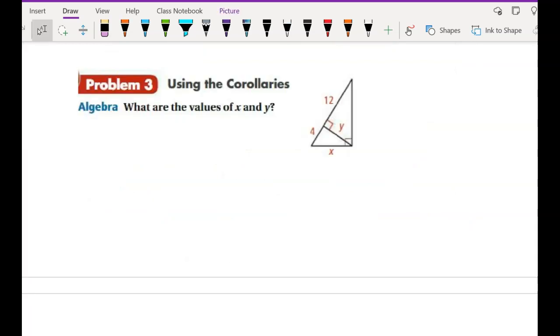Okay, so now in this we're going to use these corollaries, and we want to know what the values of x and y are. So I'm a creature of habit, so let's find x first. So I'm looking at where x is located, and it's the hypotenuse of this smaller triangle. So I'm going to use corollary 2.